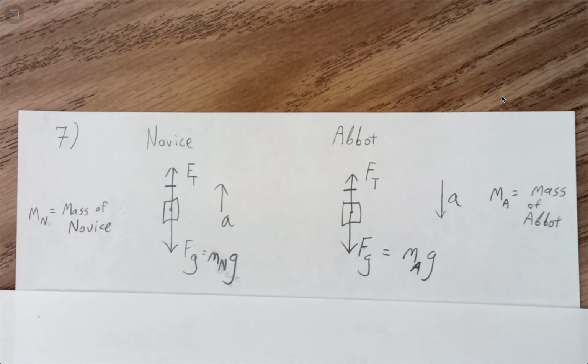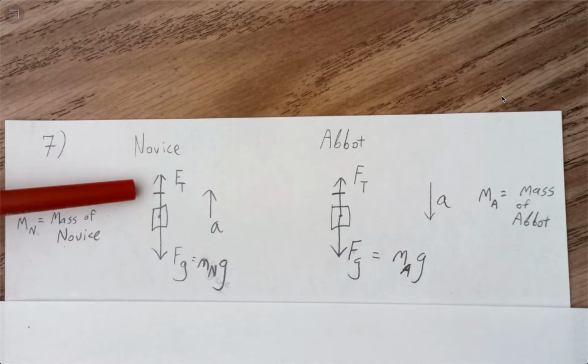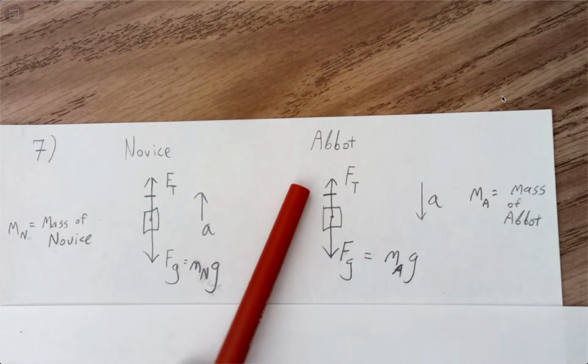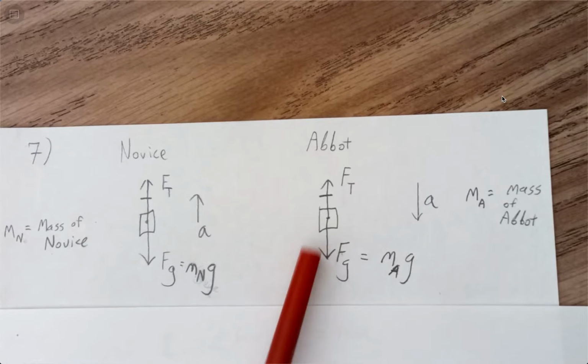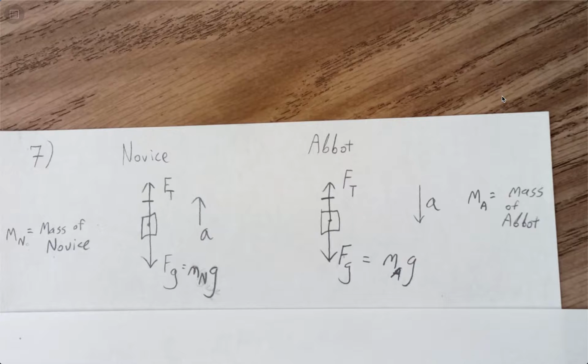So, as I begin with my novice and my abbot, I have my free body diagram where I have the tension up and the force due to gravity down. I tried indicating on here that the tension and the tension are equal because it's the same string.